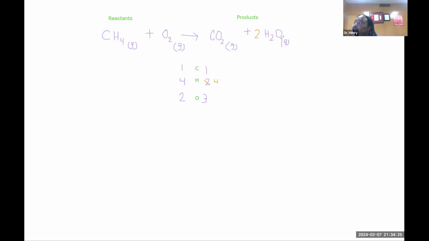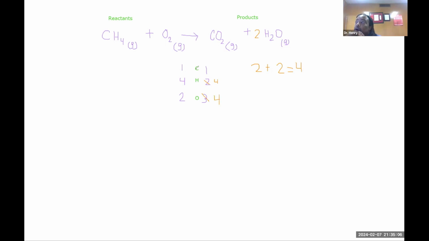And then 2 times 1, that's going to be what? 2, that's right. And then we have the 2 that's over here. So 2 plus 2 is 4. Okay, so now we have 4 oxygens.